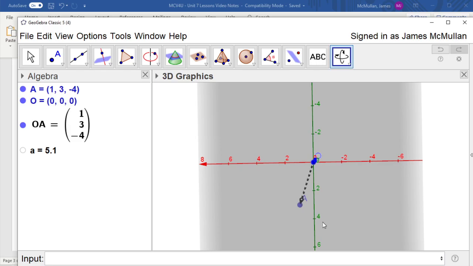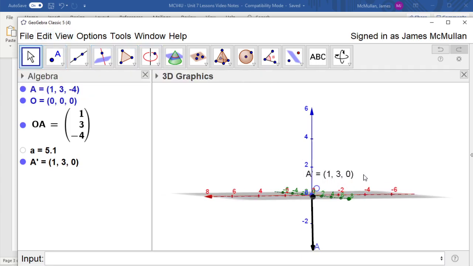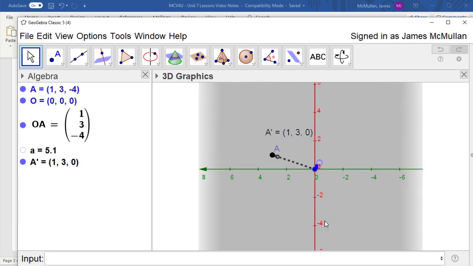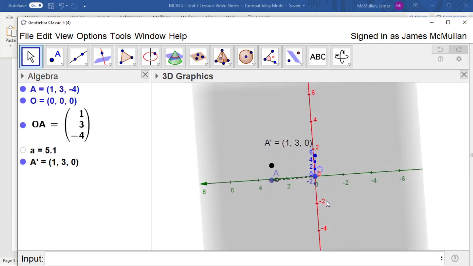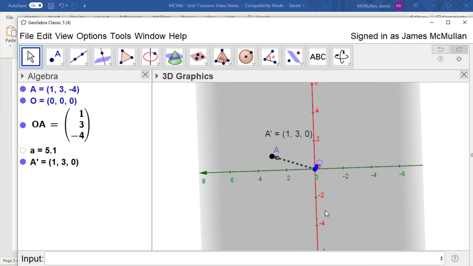Now, suppose we were to calculate the x and y distance across to the point above where A is, right? So let's draw a new point, A prime, and let's make it directly on top of A, but with no z coordinate. Okay, so it's directly on top of A, and you can see that when I look at it from above, A and A prime just look like they're in the same place.